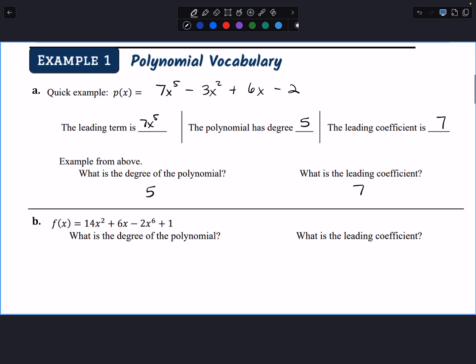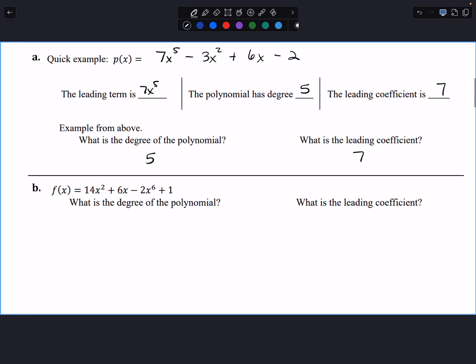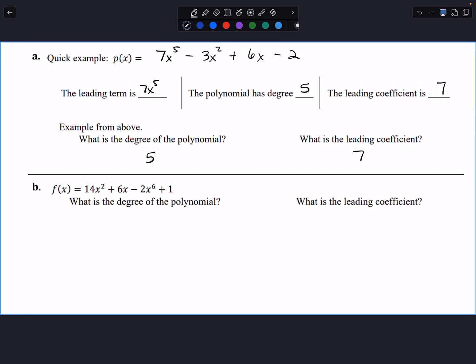It is possible that they'll ask you this as a multiple choice question on the AP test too, so please don't miss this on the AP test. Okay, what's different about B? It's not in standard form. So the first thing I highly recommend you do is rewrite it in standard form first. So which term would go first? Good, so negative 2x to the 6th. What comes next?